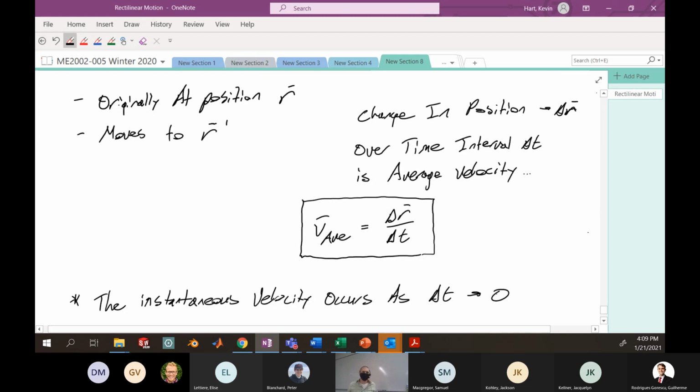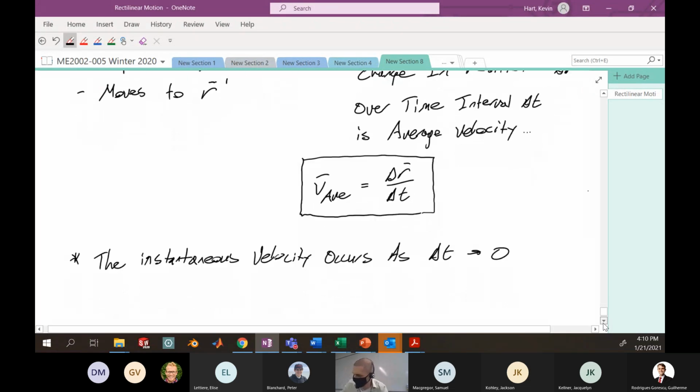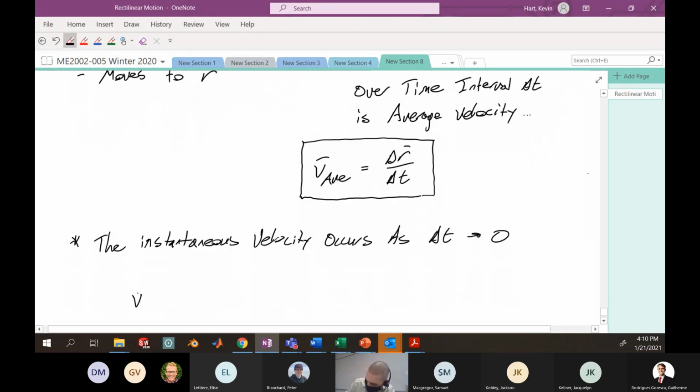So more or less, we're just going to employ calculus techniques and say that the instantaneous velocity, where we drop the average, is the limit as delta t goes to 0 of this delta r over delta t.